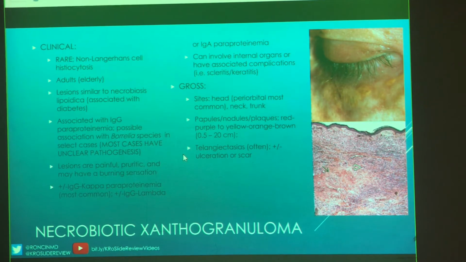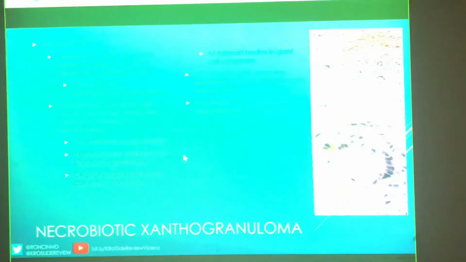The picture I have up there is more of a plaque, and they can be red-purple or yellow-orange, orange-brown, with a huge variation in size, from 0.5 centimeter up to 20 centimeters. They're often also associated with telangiectasias, and you may or may not see ulceration in the area, or even scars.